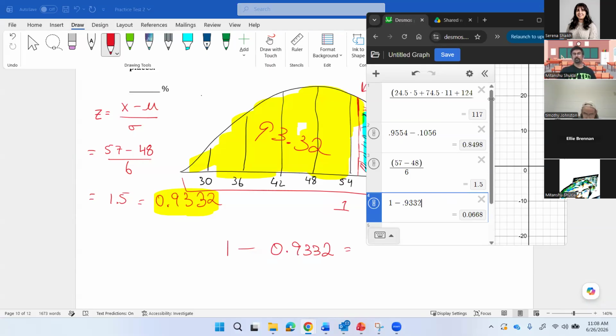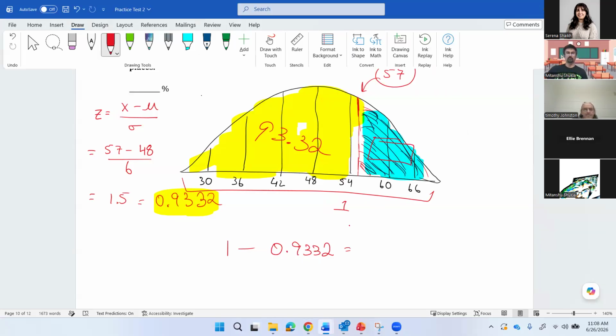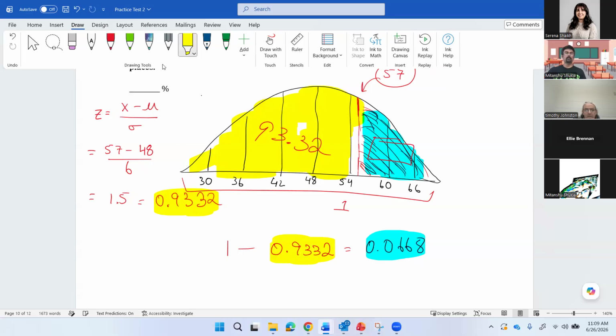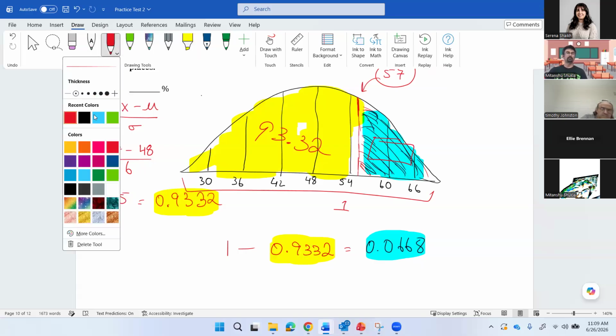Yep, 0.0668. And again, when they ask for the area to the right, we really want to make sure that we do 1 minus the area, okay?